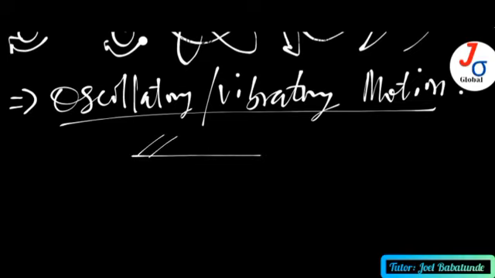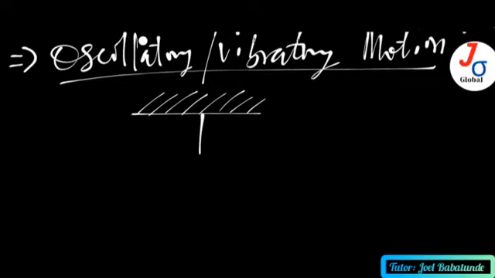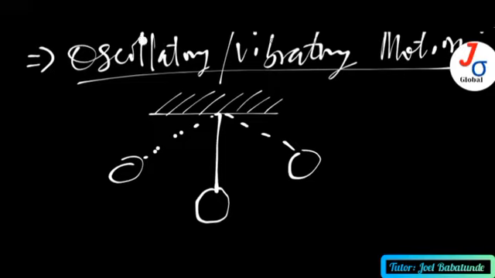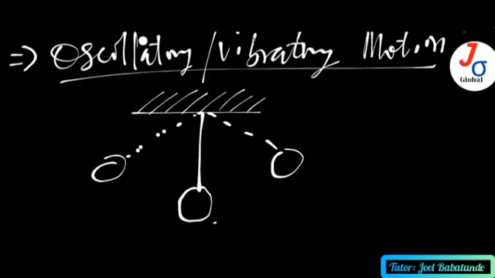So a simple pendulum is like this, and it goes to and fro. It just keeps swinging left, right, left, right, and it does that at regular time intervals.